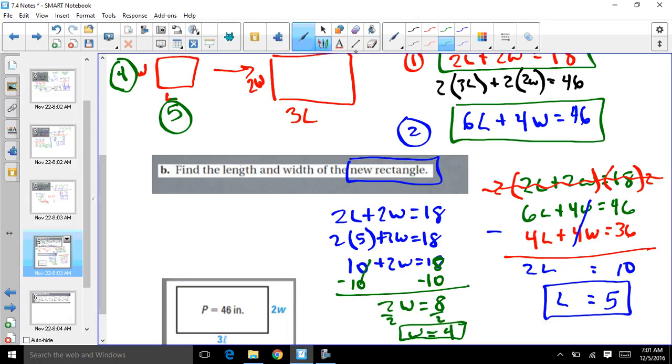On my new rectangle, I'm going to have to do 2 times 4, so that makes 8, and I'm going to have to do 3 times 5, so that makes 15. So in a regular problem, you might go back to your old equations. These are a little bit more simple, or it maybe makes a little bit more sense because you're applying it to your rectangles and it really means something.